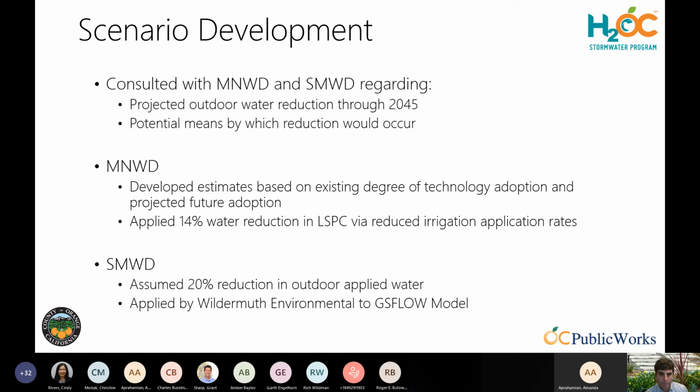Notably, Moulton has tracked a lot of water conservation, and they've done some surveys to figure out how many people are using different technologies, and so they estimate that additional adoption and additional demand management could result in about a 14% reduction moving into the future.